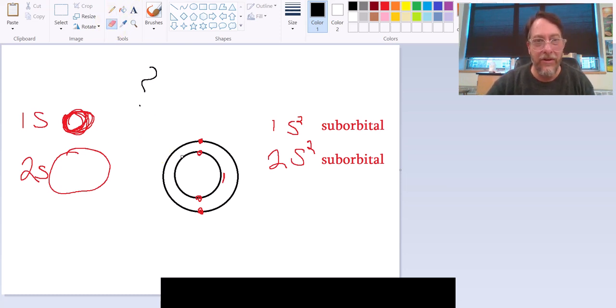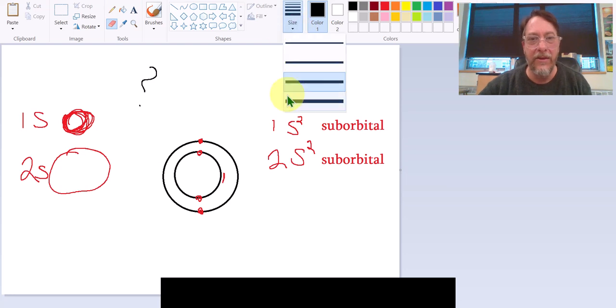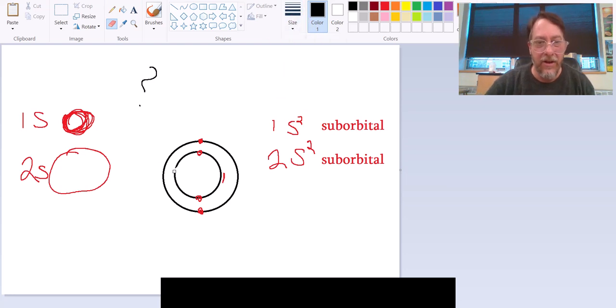In order to understand that, I'm going to erase this inner line here as best I can, and I'm going to show you that instead of all the Russian nesting dolls being round circles inside of each other, we have something a little bit different, and it's called a p orbital.